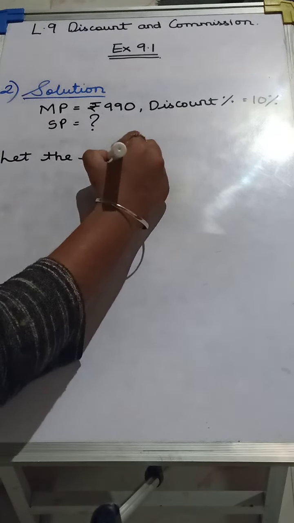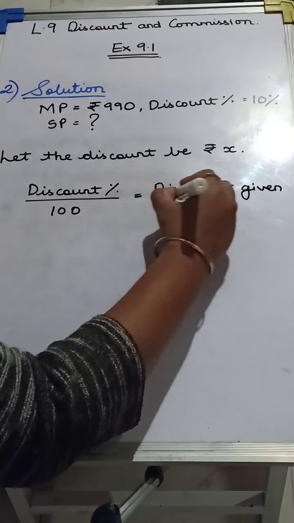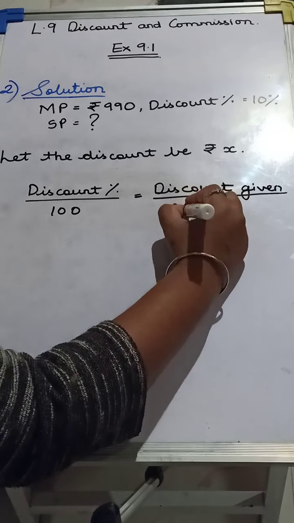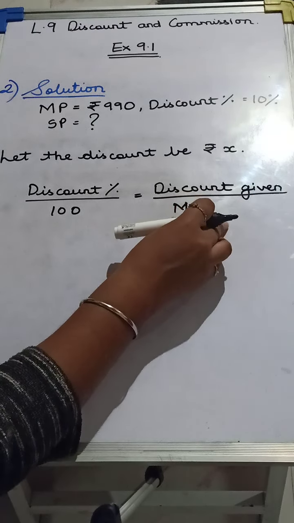When discount percent is given, we use the formula discount percent upon 100 is equal to discount given upon the marked price, that is MP. You can even write marked price or you can even write MP.